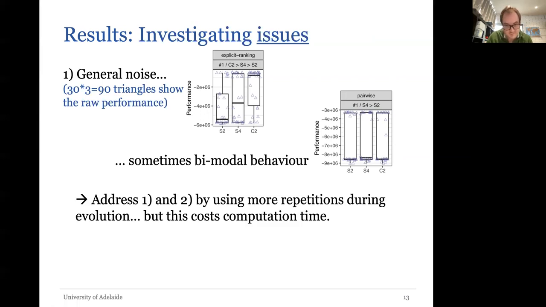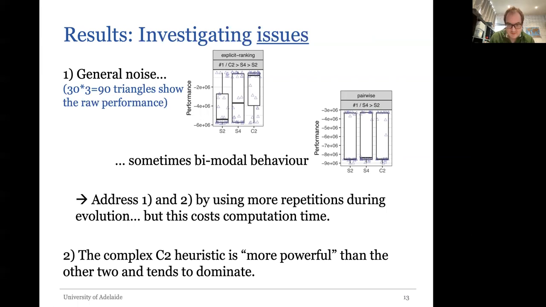Of course we can address this by running the algorithm for longer, but this also costs computation time during the optimization itself. Secondly, because algorithm C2 was more powerful, it was more difficult to evolve instances where C2 was outperformed by the others.